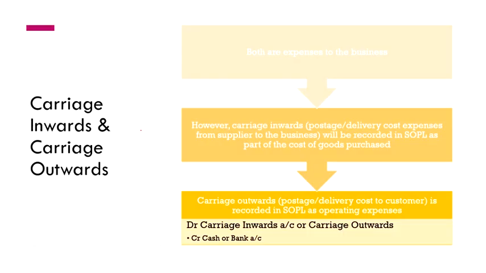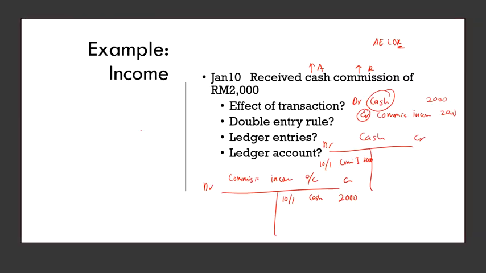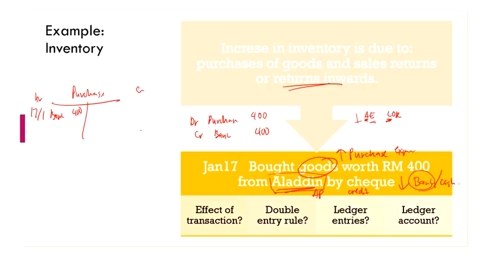So kita cuba buat this one. Kalau purchase account ni, maksudnya dia ada debit balance sebab debit side dia lebih besar daripada credit side dia. Tapi kita akan tulis balancing figure dia, contoh 31 Januari lah. Biasa balancing kita akan buat at the end of the month. So kita akan tulis balance carried down 400. Sebab kena ingat, it is double entry.